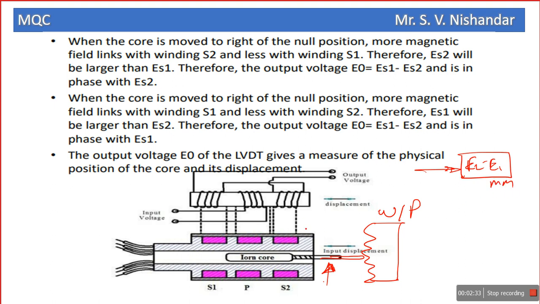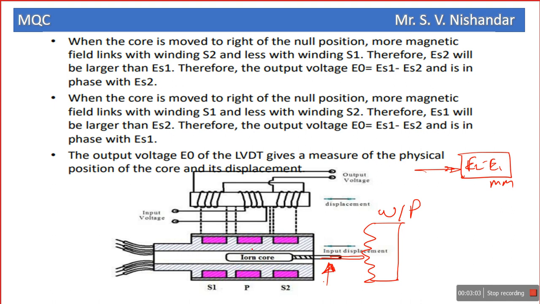So how does it work? Initially, the primary winding supplies the electric current, whose magnetic flux is cut by this iron core. So the core produces its own magnetic flux again, because it produces current while cutting that magnetic flux.